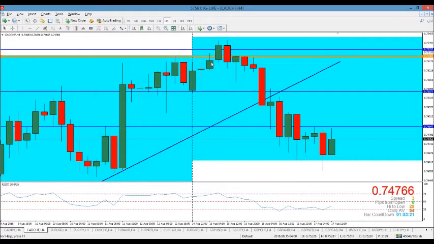It needs to close either at this orange line or below it. If it just breaks through and closes above, there is no trade. You don't think about this, you just move on to the next pair. So this gave me an indication that, first of all, this line is being respected.